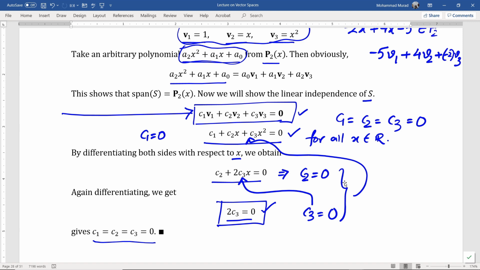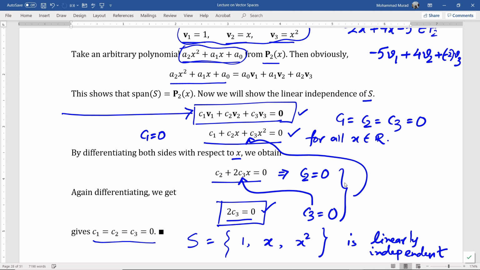Thus, the set S of these three polynomials is linearly independent. Hence, S is a basis for the vector space P sub 2.